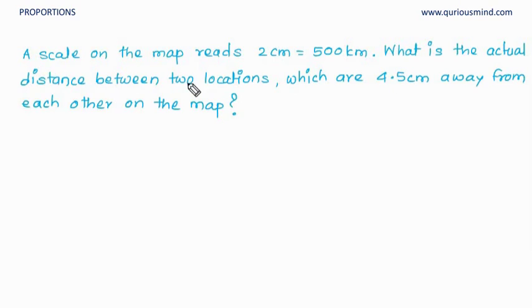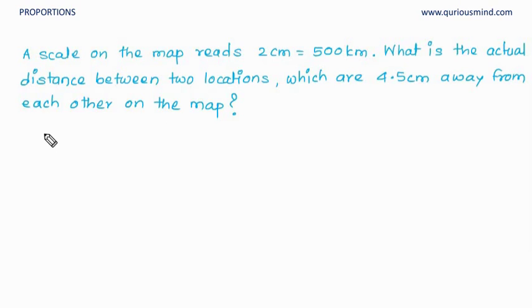A scale on the map reads 2 centimeter is equal to 500 kilometers. What is the actual distance between two locations which are 4.5 centimeter away from each other on the map? So on the map, they are 4.5 centimeter away from each other. We can use three different methods. I will talk about each method.